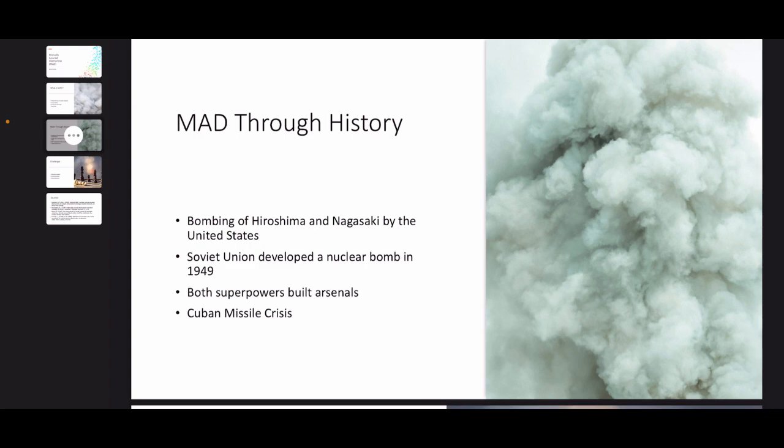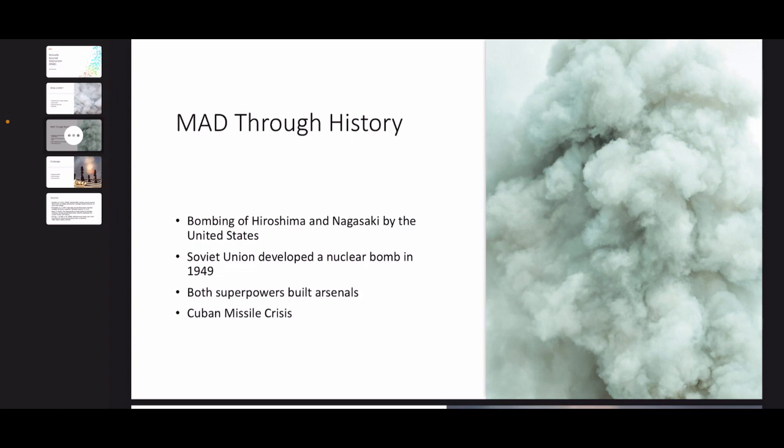And not only were large arsenals of nuclear weapons developed, the ICBMs were developed, which are intercontinental ballistic missiles, which are able to reach far away from its launching site, like all the way around the country or around the world, basically.